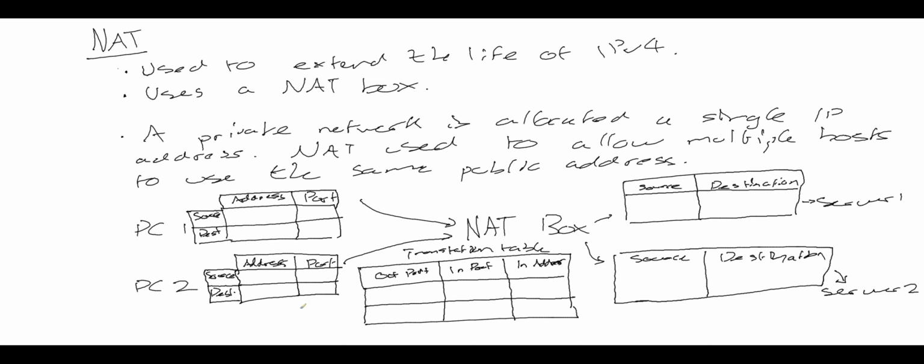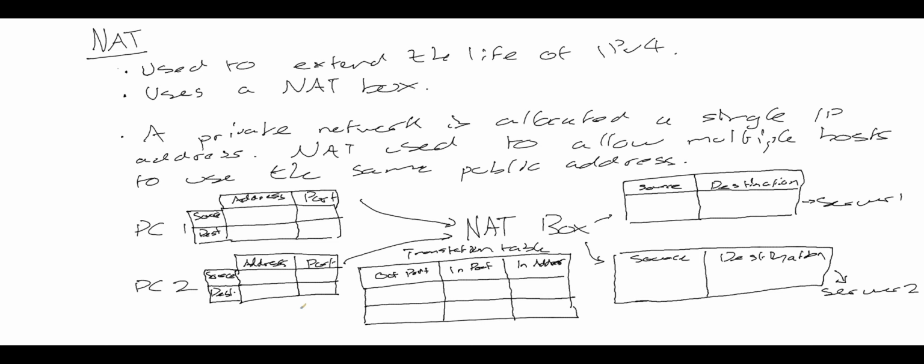Okay, so another question you might have come up with when thinking about this NAT translation is, what if two PCs send a request to the public internet using the same port, like port 80 for example, for HTTP? I'm going to try and answer those questions at the same time with this diagram here.